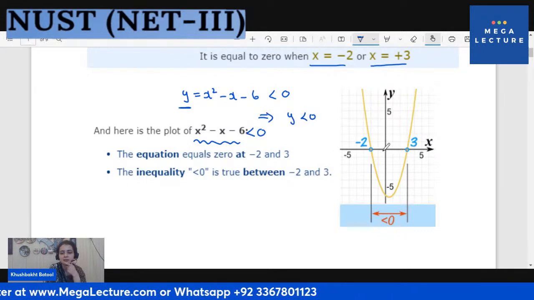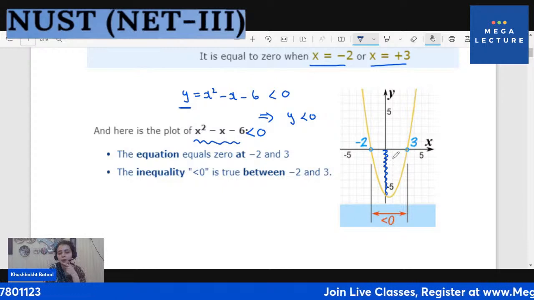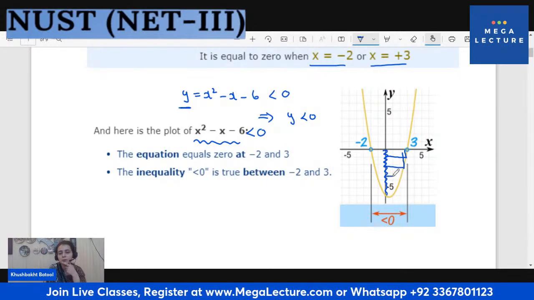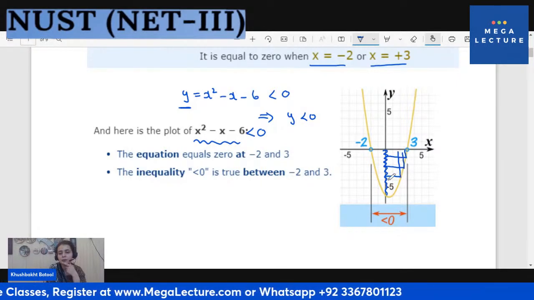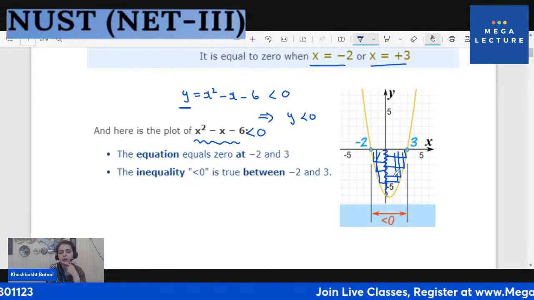When is y less than 0? Y is less than 0 for all these values. So for all these values of y, what are the x values? This is the x value. This one, then this one, then this one, and so on.